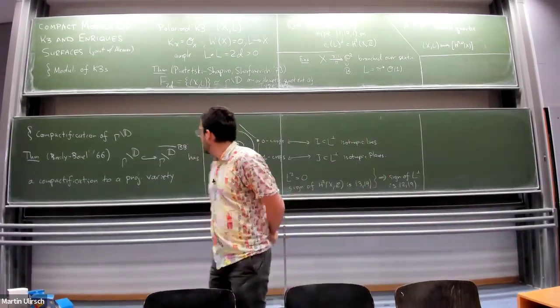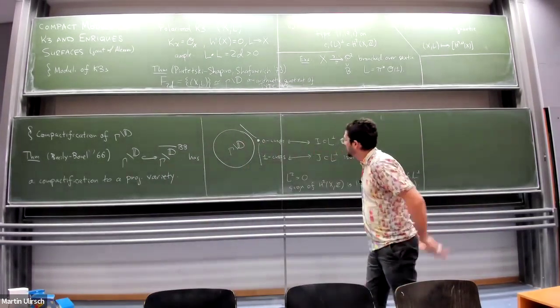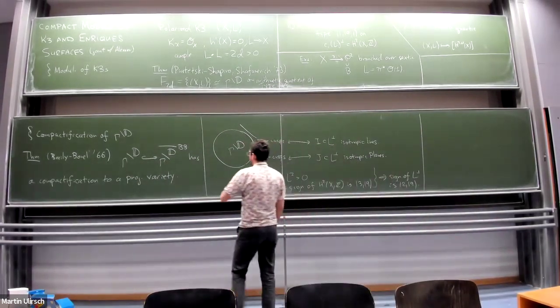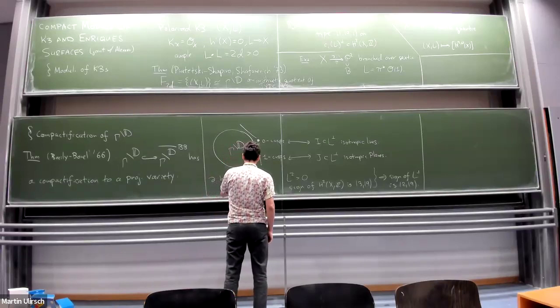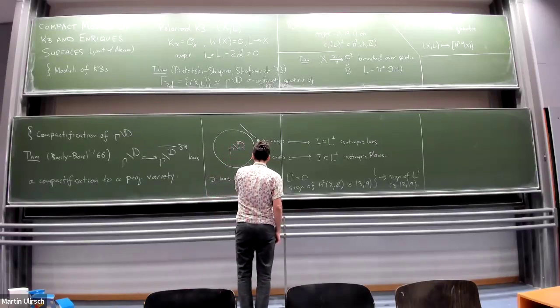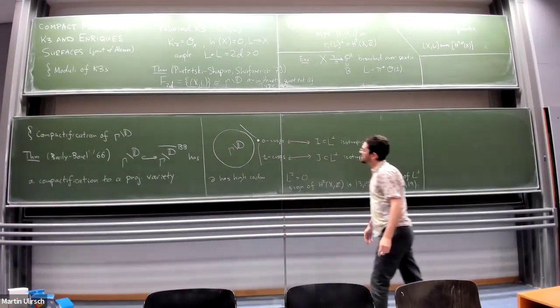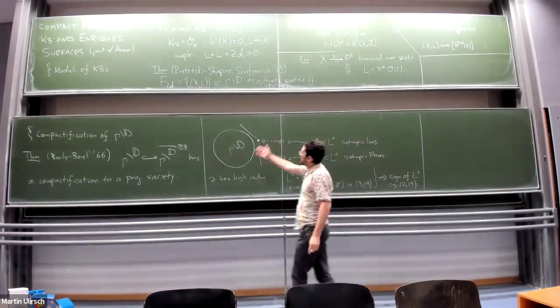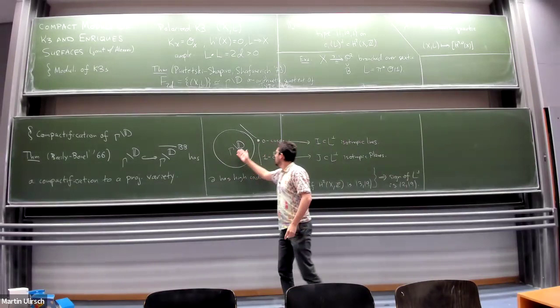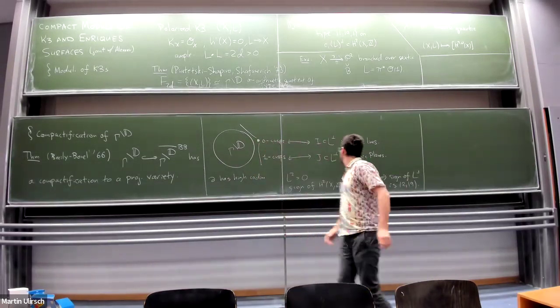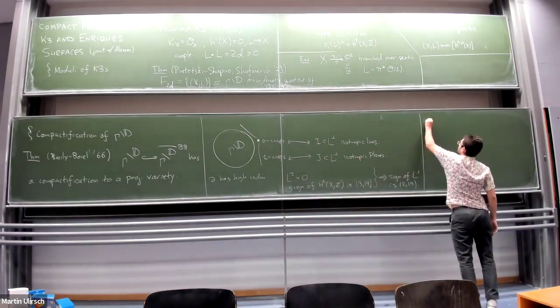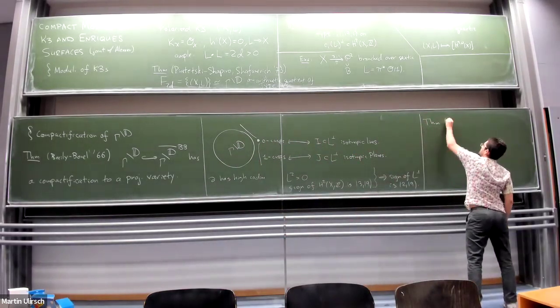This gives a compactification, but let's observe that the boundary has high codimension. For moduli of K3s, D mod gamma is 19-dimensional, but this boundary has only 1 and 0-dimensional components.